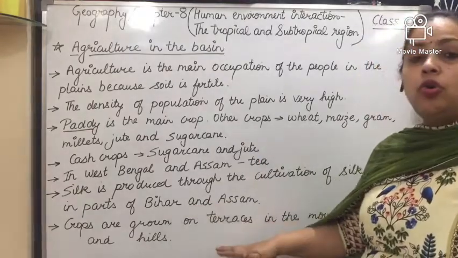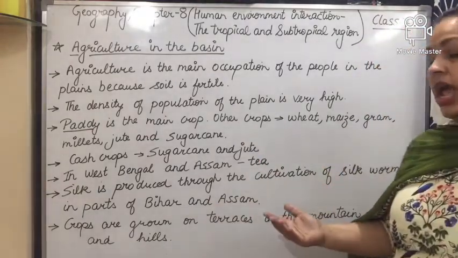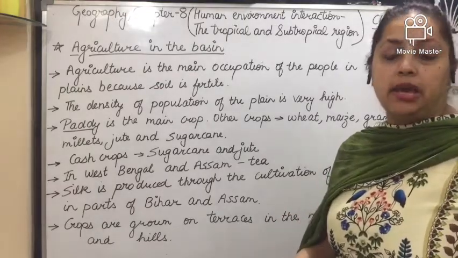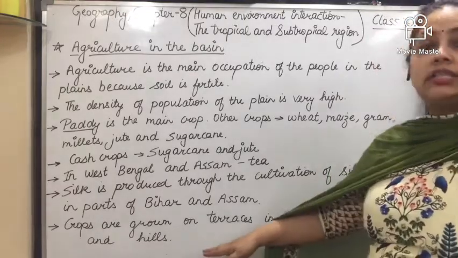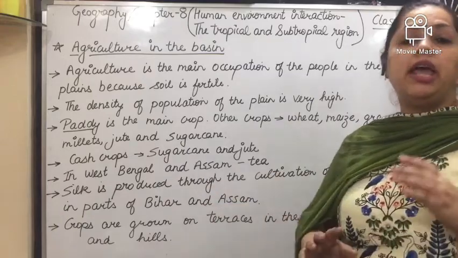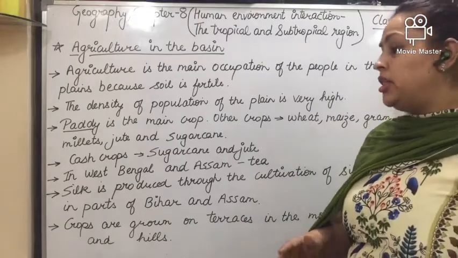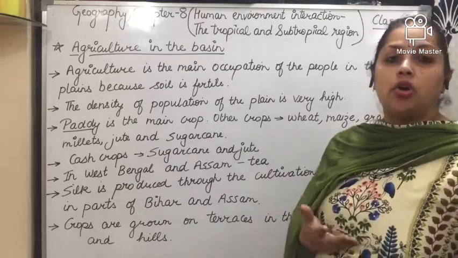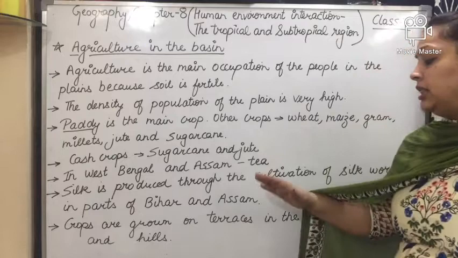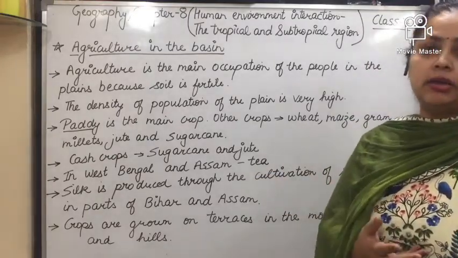Crops are grown on terraces in the mountain and hilly areas, which means the people who live in the mountain and hilly areas grow their crops on the terraces of the mountains and the hills.